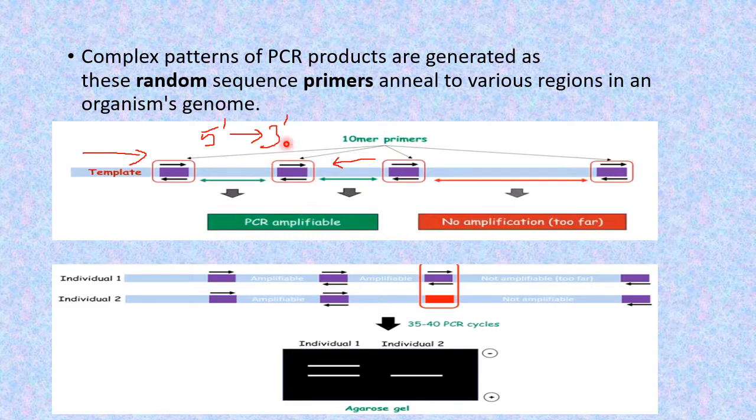So a complex pattern of PCR products is generated, and after that we run it on the gel so that we obtain different bands. Now one thing we know very well is that the bands produced on a gel during electrophoresis depend on the size of the fragment obtained and not on the basis of the nucleotide sequence.